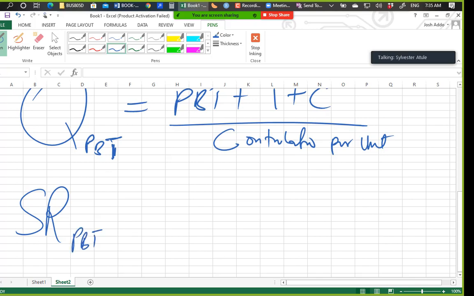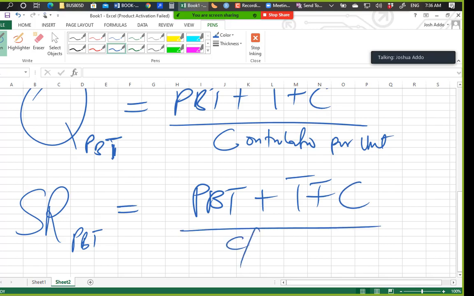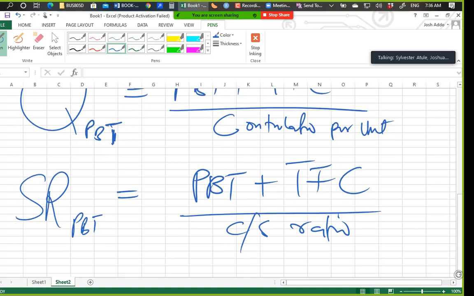This is the physical quantities to sell. This is the sales revenue to generate to get targeted profit before interest and tax. Then the formula is profit before interest and tax plus total fixed cost divided by contribution to sales ratio. Yes, everybody should be very much okay with this.